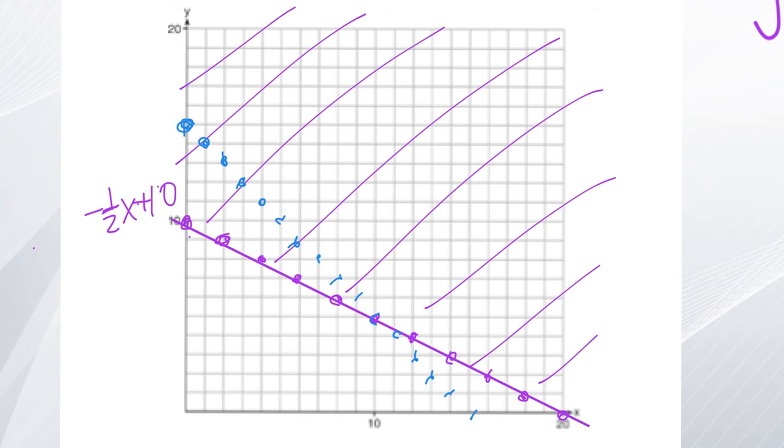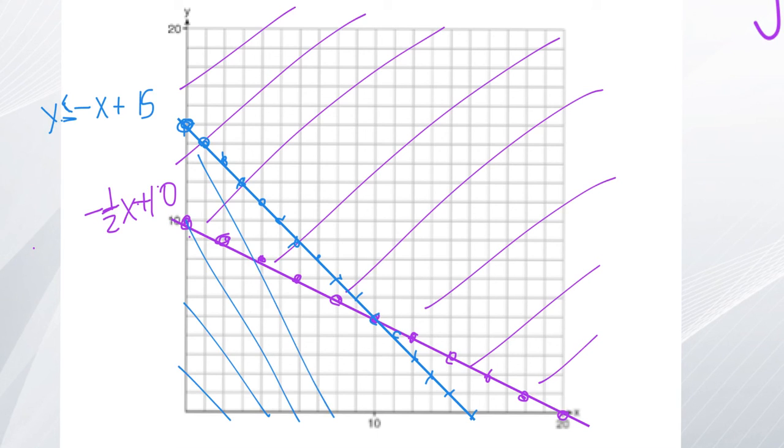Okay, I can connect those with a line. Great. And I'll just write that was negative x plus 15. y is less than or equal to that, which means we're going to be looking at everything below it, so all of this.